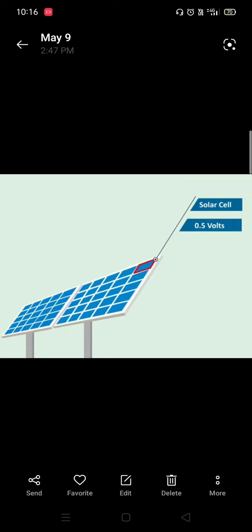The solar panel or solar module is a combination of solar cells. The red mark shows one cell, and this cell is the solar cell.